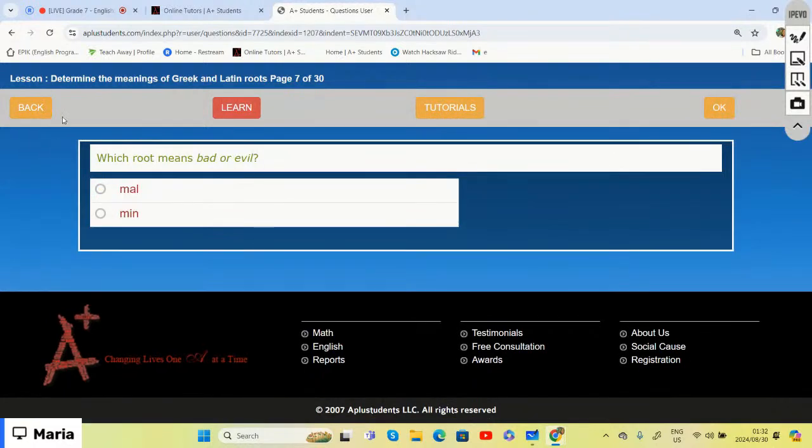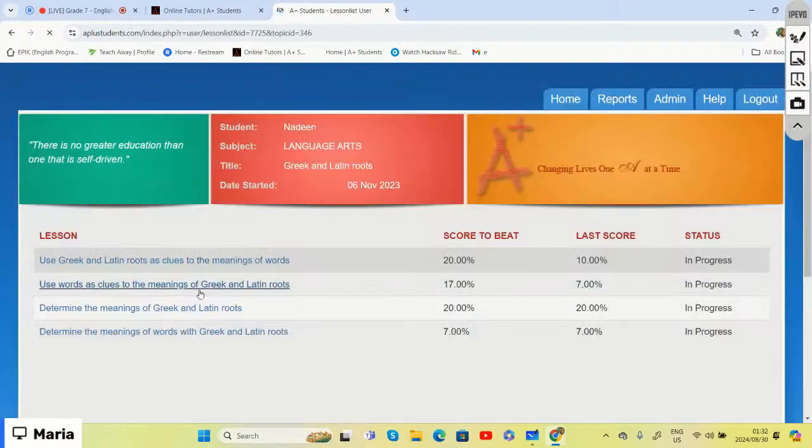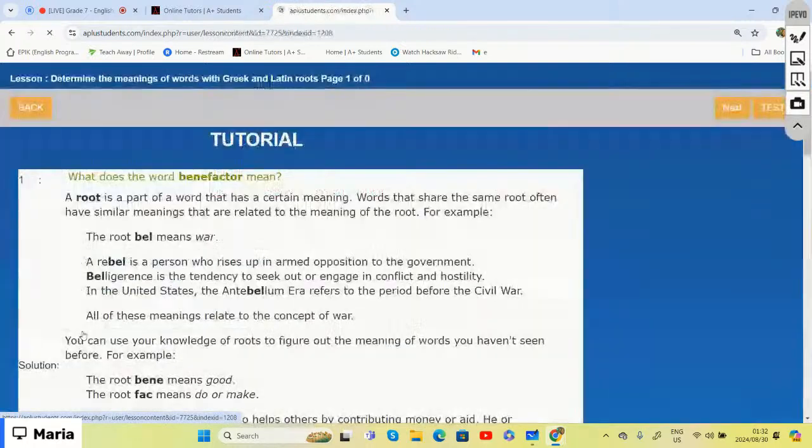All right. Now we're going on to the last lesson under Greek and Latin root, which is to determine the meaning of words with Greek and Latin roots.